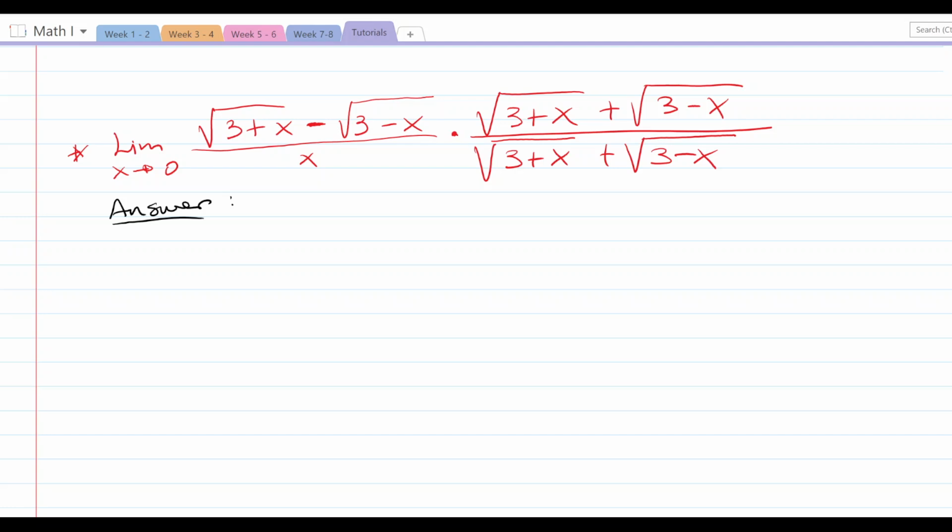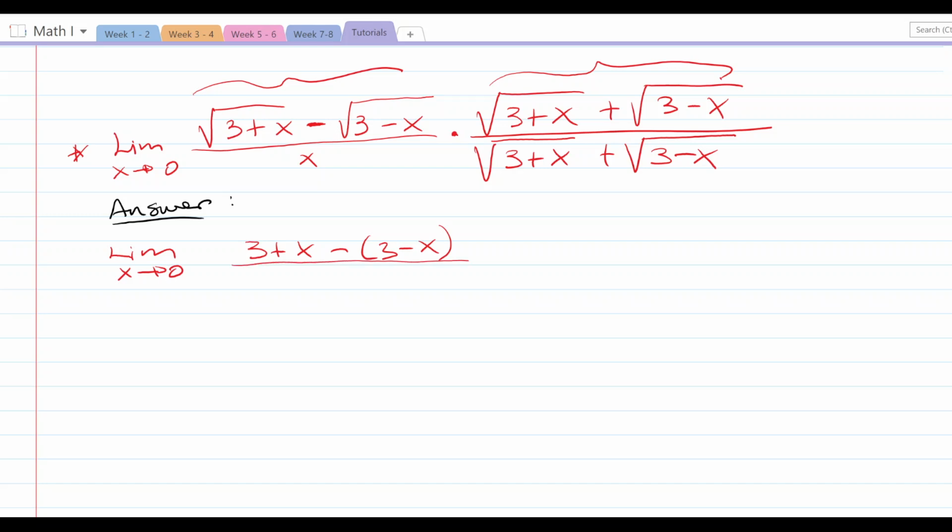Okay, so now if we multiply these terms, multiply by this term, we will have the limit as x approaching 0, we will have 3 plus x. We cancel the root sign, so there are no roots anymore, minus 3 minus x.